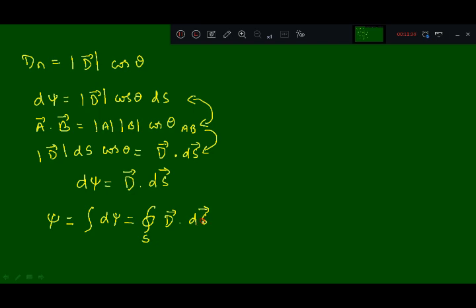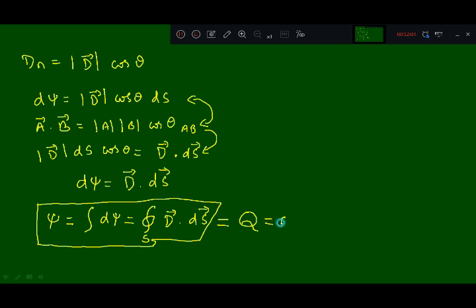Getting it? So this is the derivation of Gauss law. This is nothing but the total charge enclosed, that is the charge enclosed, according to the Gauss law.